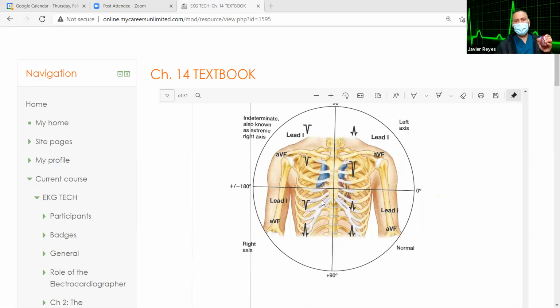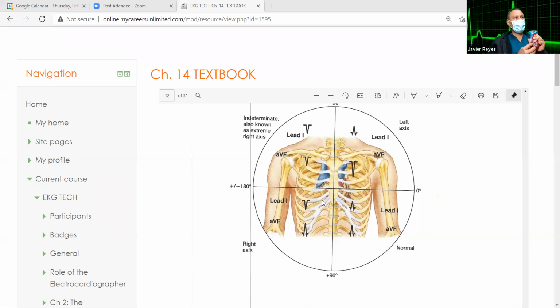Now, if it's the opposite, on right axis deviation, you're going to see a negative lead one and a positive AVF. That is right axis deviation. So now you might see this in right ventricular hypertrophy. Person has an enlarged right ventricle.